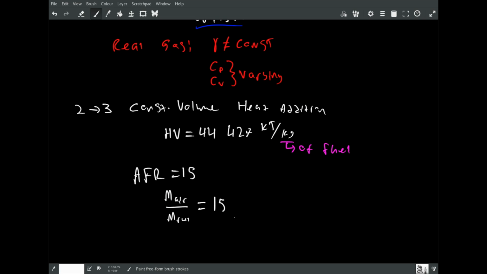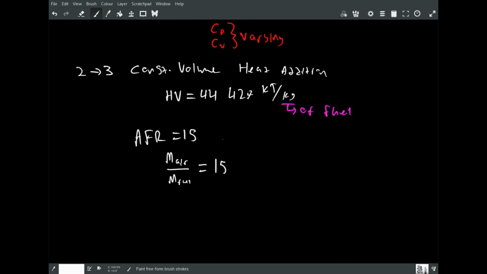If we want to convert this heating value into something equivalent for our actual system, we take our heating value, which is Q per m fuel, make that a lowercase q, our heat input per mass of fuel, and multiply that by the mass of fuel per mass of air.